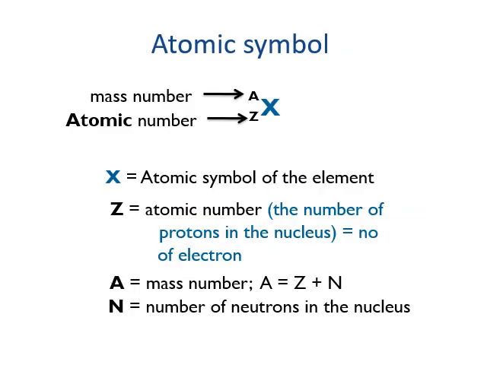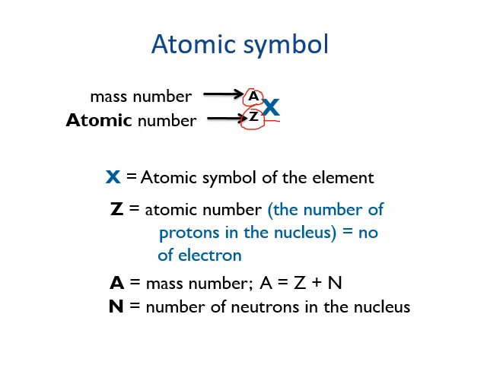Alright, so this is how we recognize the atomic symbol. If you look at your periodic table, you have X like here, and you have A and Z here. A is the mass number and Z is the atomic number. Don't be confused about them. X is the atomic symbol of the element.